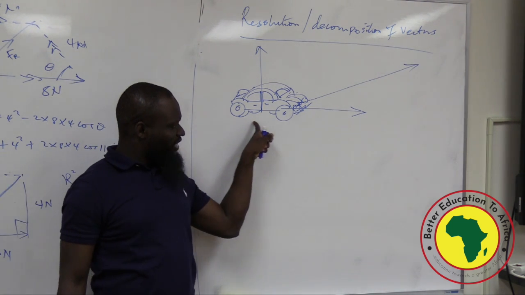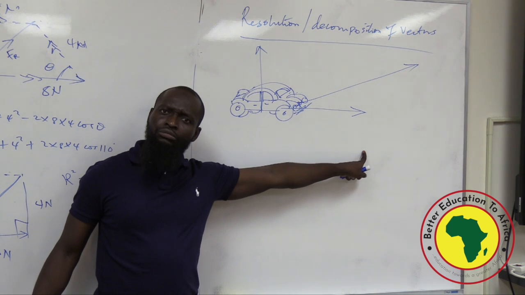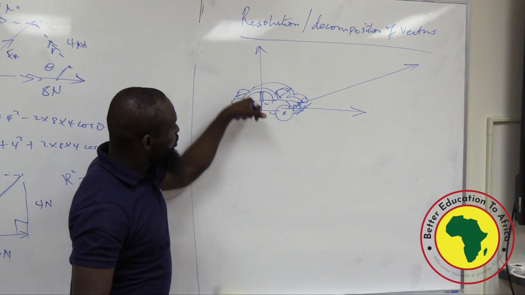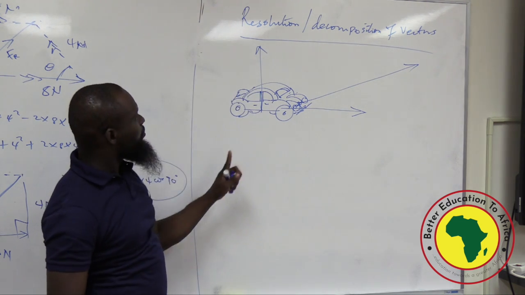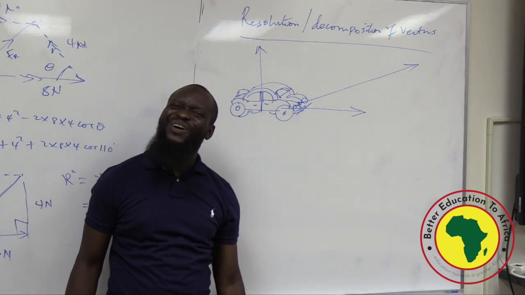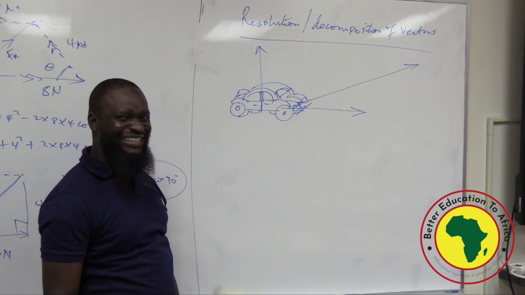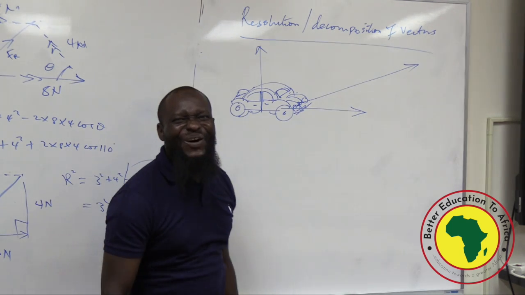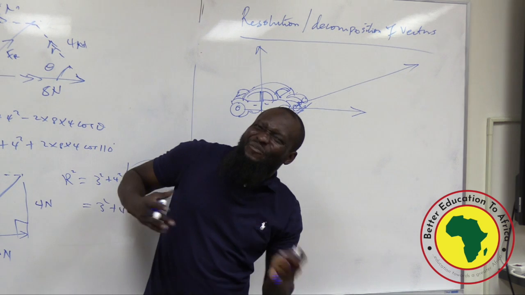When Junior was pushing the car to the right, where would the car go? To the right. When Junior carried the car up, where would the car go? Up. When Junior pulled the car with the rope, where will the car go? No, the car will not follow the rope. So this is what the decomposition of vectors will teach us.